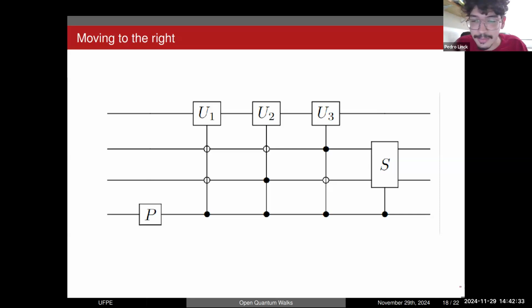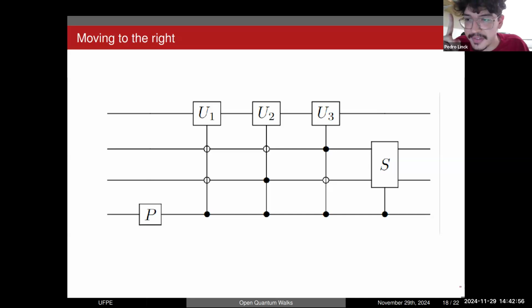But we don't actually want that, so we have to correct this manually later. We are going to use an ancilla qubit to do this. It's important to note that what I'm describing is one step.